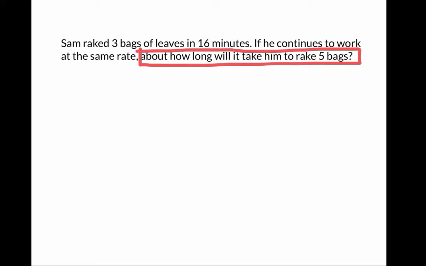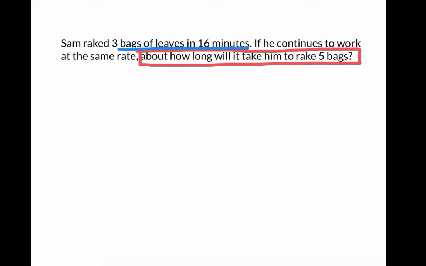Next, let's underline numbers that are going to be important in this problem. So since this is a proportion problem, there's relationships going on. It says Sam raked 3 bags of leaves in 16 minutes. That 3 bags of leaves goes with the 16 minutes. So there's actually my first ratio.